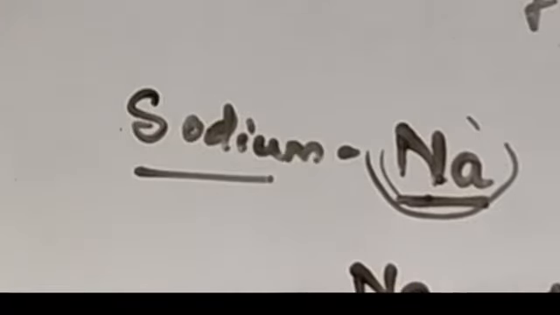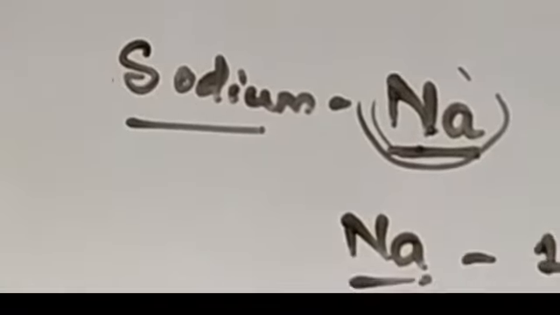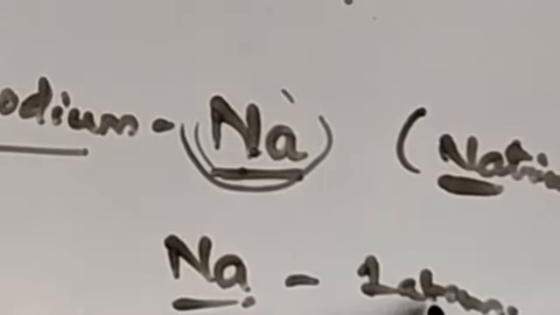That means if I write Na, it represents one atom of sodium. The symbol is the shortest way of representing it, so when I write Na, it is understood that only one atom of the element sodium is present.